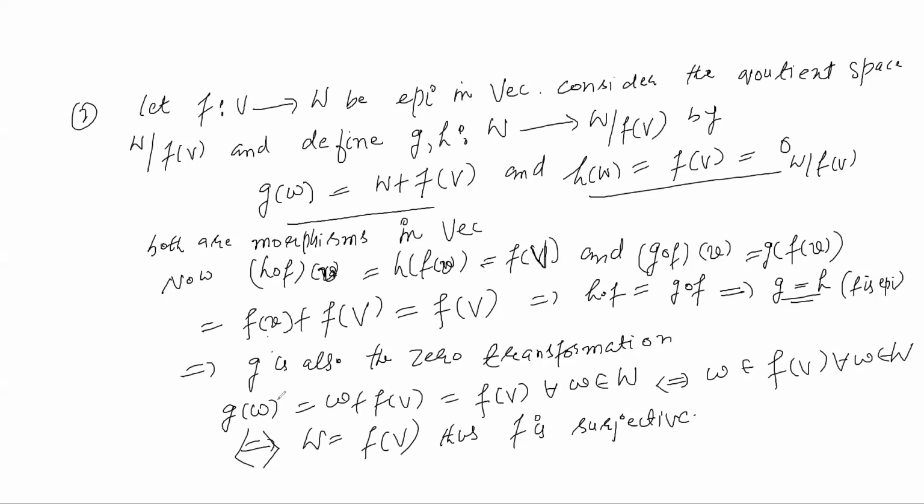So let us see the group case. So another result, proposition: this proof is a little bit constructive. In the group category, epimorphisms are precisely surjective morphisms.